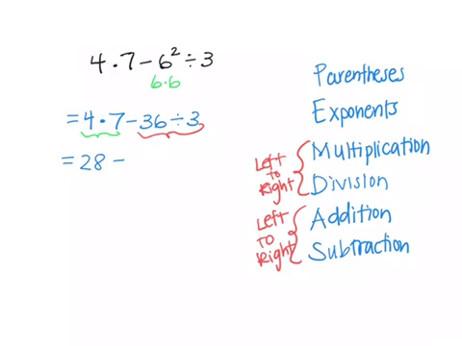Since that's completely separate from the 4 times 7, I can do that in the same step. 36 divided by 3 is going to give me 12. Which means that this has to be my last step because all I have left is 28 minus 12, which would give me 16. So the original expression simplifies to be just 16.